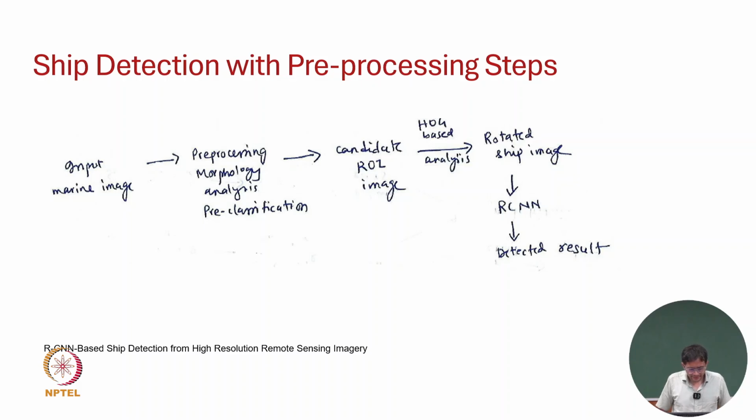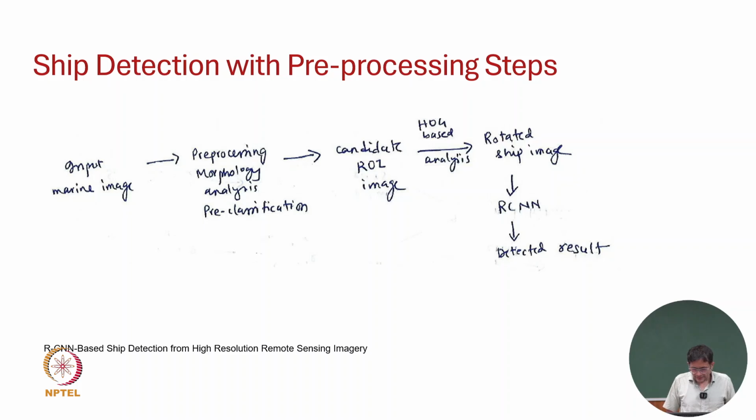So in such a scene, irrespective of sensor, we don't need to think so much about the sensor, at least for this particular discussion in this slide. What happens is that we can apply some kind of pre-processing, some kind of morphology analysis and pre-classification, to identify smaller patches, given a larger scene, which are more probably ships, okay?